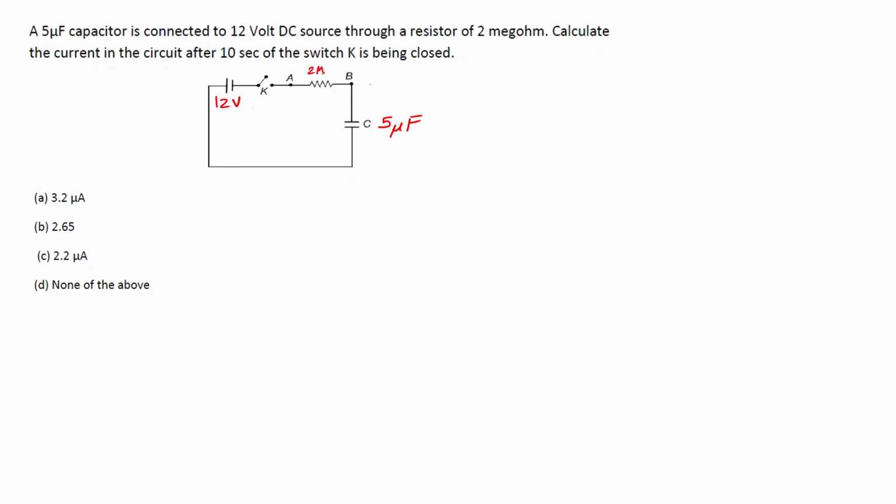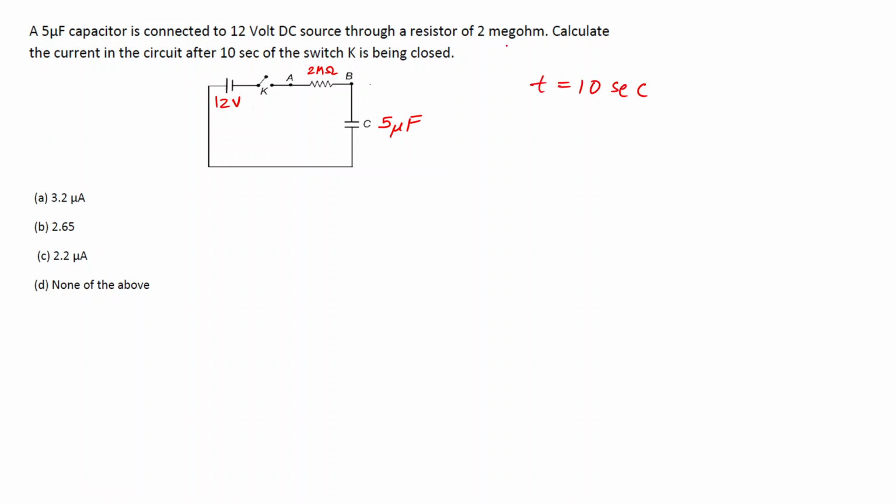This is 5 microfarad, and this is 2 mega ohm. Calculate the current in the circuit after 10 seconds. So it's charging basically. What will be the current at t equal to 10 seconds?